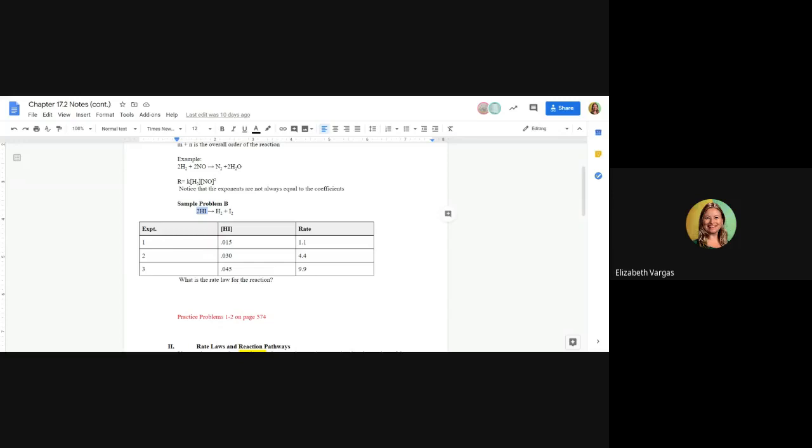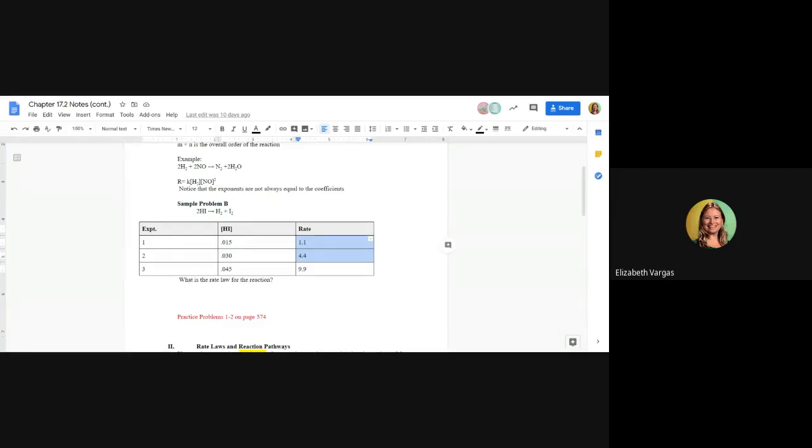And then what happened to the rate? These are really easy numbers. They aren't always this easy to see. From here to here, it went up by 4 times. So when I doubled the concentration, the rate goes up by 4.